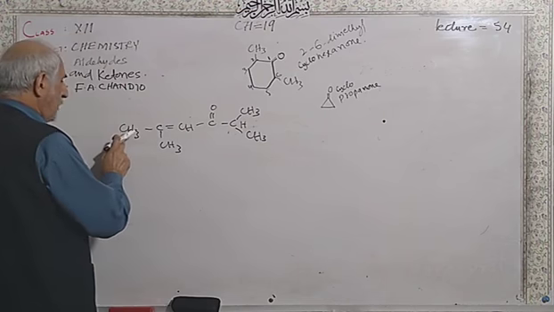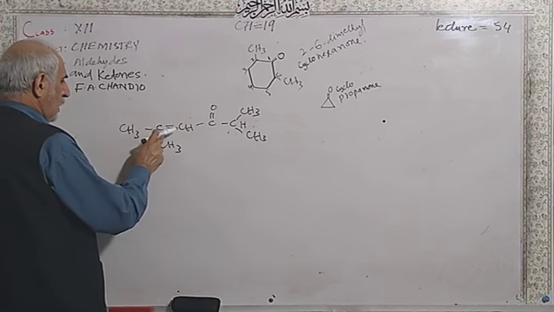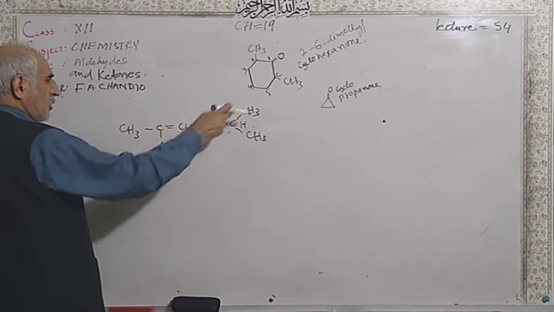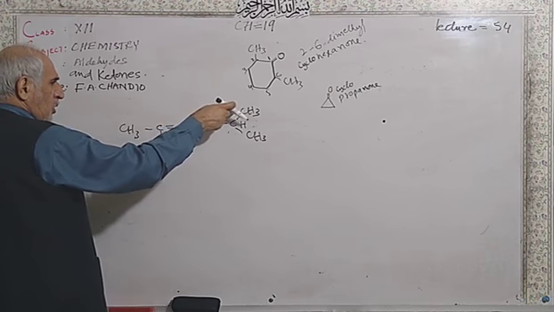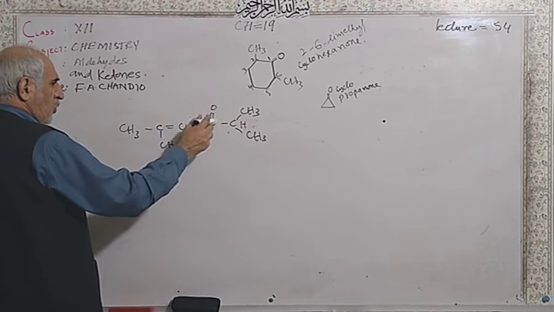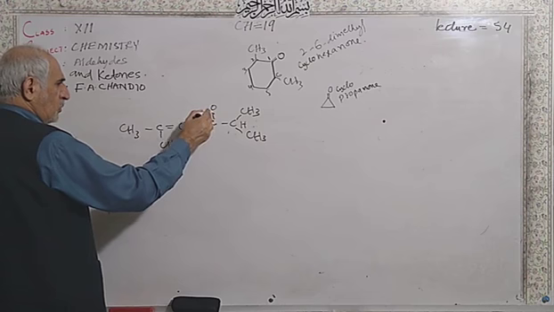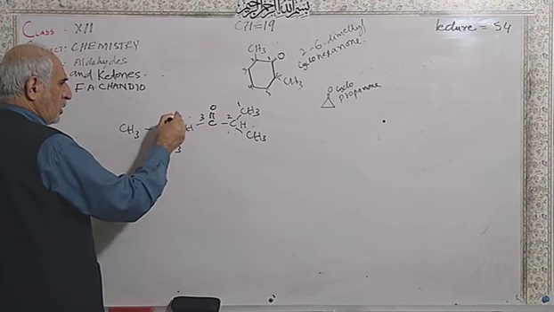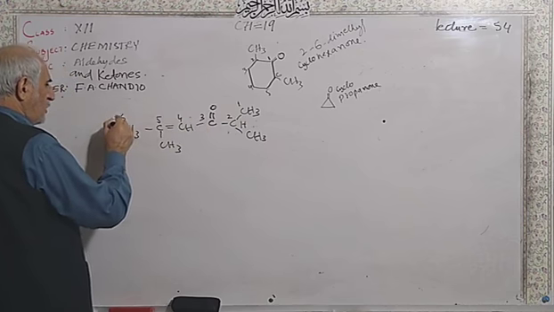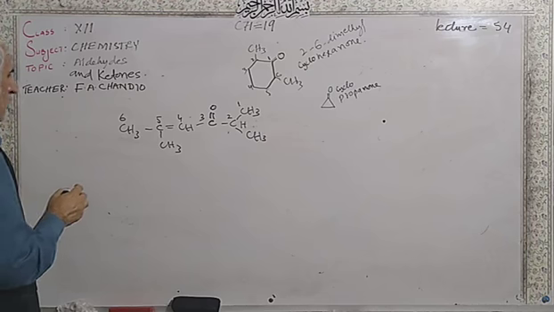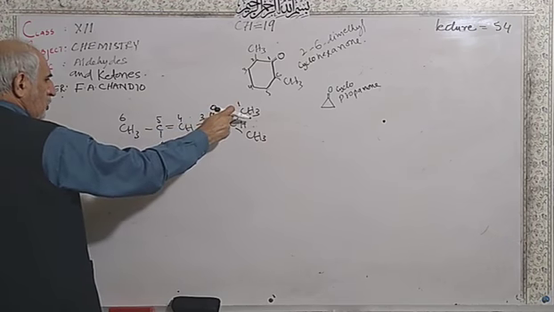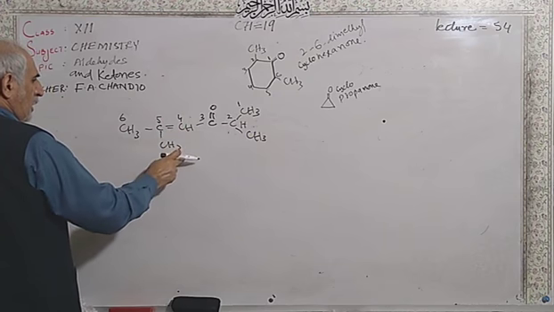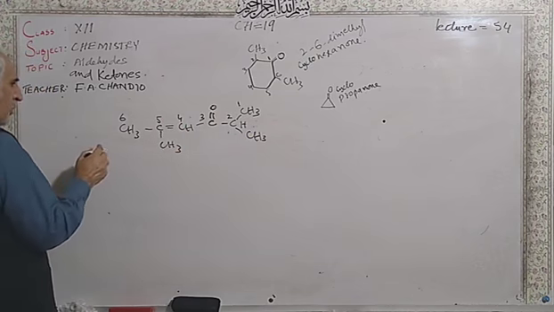So 1, 2, double bond, there is a ketone, 1, 2, there the branch, functional group on position number 2. So 1, 2, 3, 4, 5, 6. So 1, 2, methyl, 3, ketone, 4, 5, again methyl, and there is a double bond.